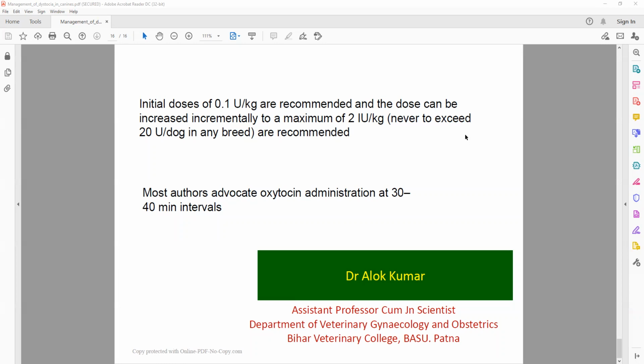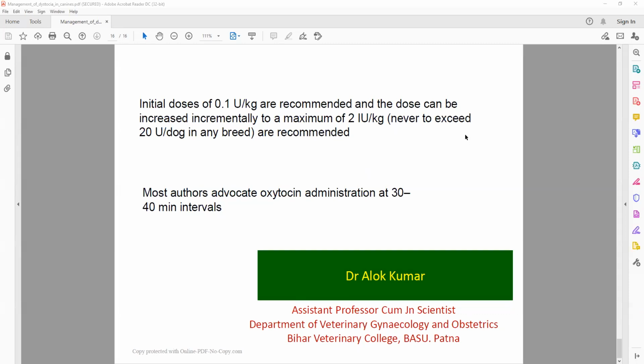So the treatment I prescribed here is for uterine inertia only, when the cervix is open, especially secondary. You can go up to 20 IU as I told you, and if it does not work, then you can go straight to cesarean operation.